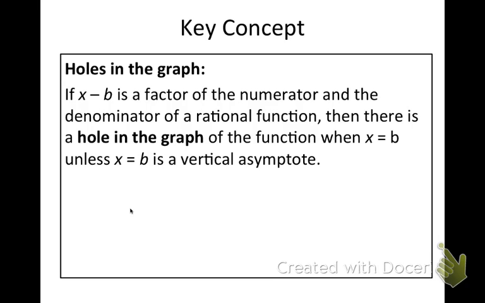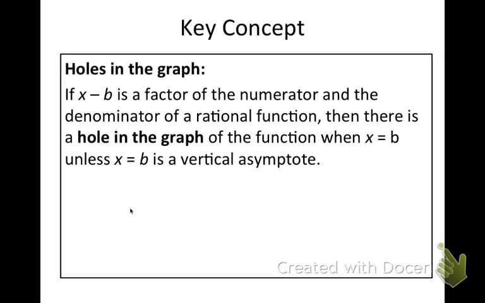So a hole in a graph occurs if you have something like x minus b is a factor of the numerator and the denominator. If you have a linear factor that is both in the numerator and the denominator, it ends up becoming a hole.